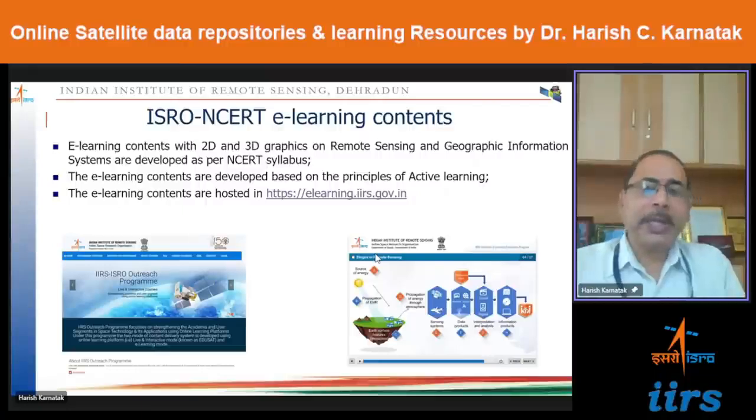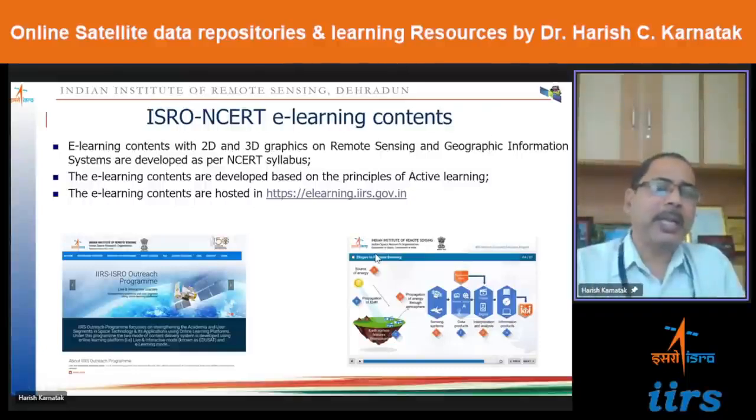We also developed e-learning content based on your NCERT syllabus of class 9th onward. This is the website on which these contents are hosted. There is a section called NCERT. Please go there and see. And you can learn remote sensing and GIS in the simplest language. We develop our own copyright contents and we publish them free of cost to you. I request all the teachers, please explore this content also.